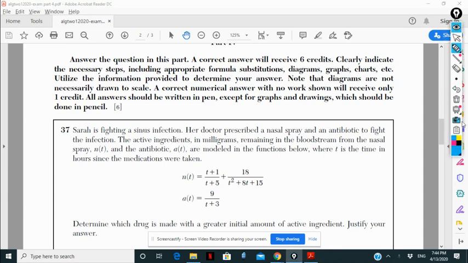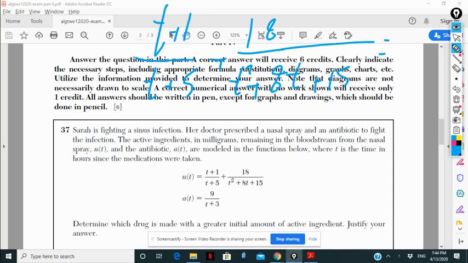So I'm going to write here the equation: t plus 1 over t plus 5 plus 18 over t squared plus 4t plus 15 equal to 9 over t plus 3.